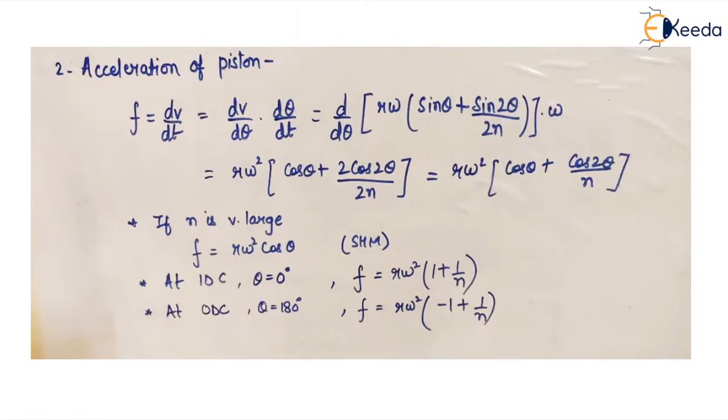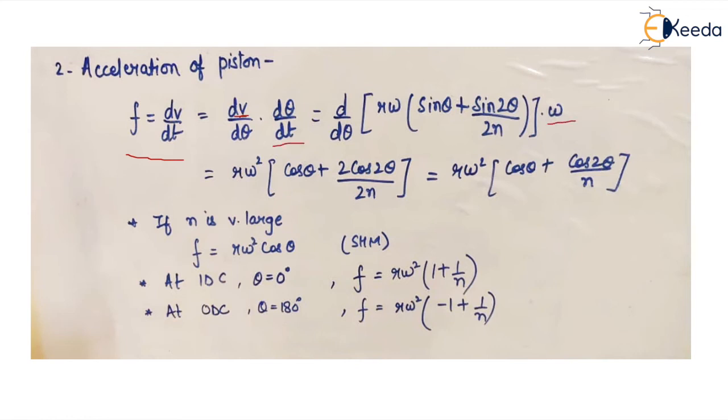So the equation of velocity becomes r omega sine theta. Now we know the formula for velocity of piston. To calculate the acceleration, it is the change in velocity per unit time, or the rate of change of velocity. So dv upon dt. Now because the value of velocity is in terms of theta, it becomes dv upon d theta into d theta upon dt. We know the value of v, we place the value of v in the equation, and what is d theta upon dt?